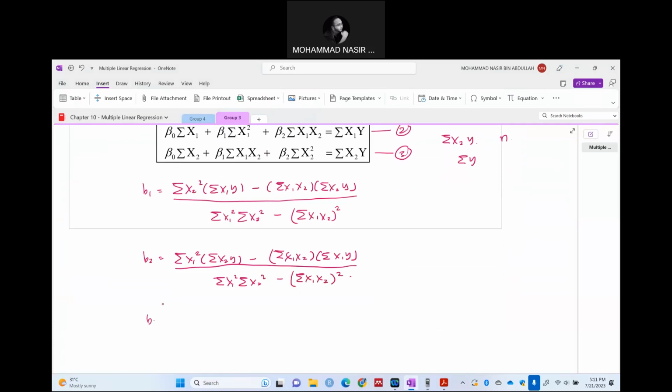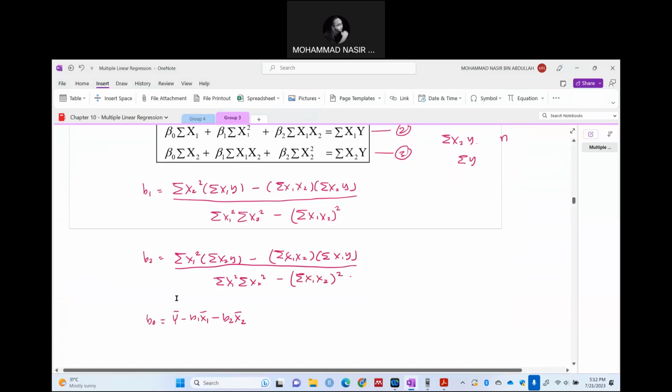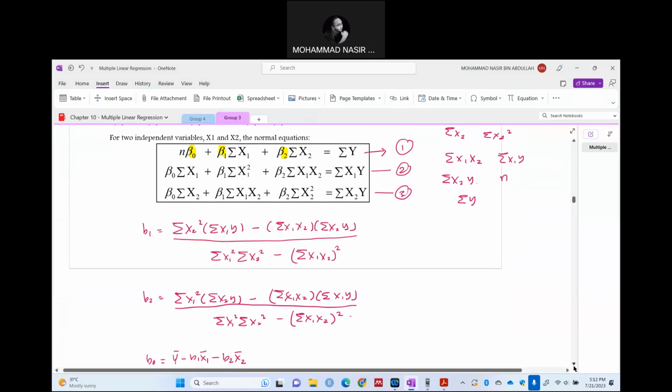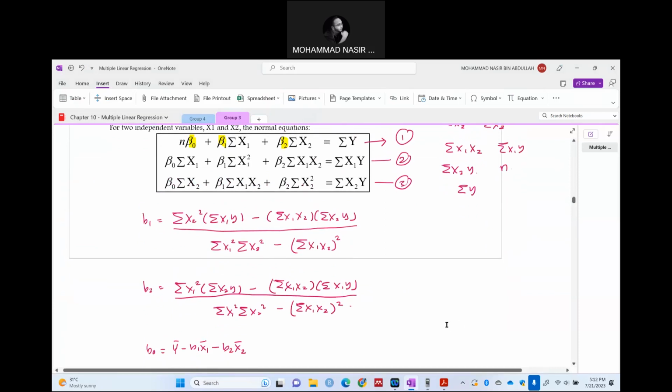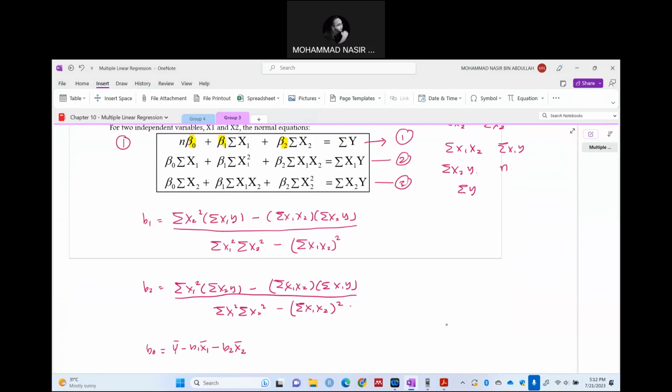So beta naught can be obtained from the concept of simple linear regression: y bar minus beta 1 x bar 1 minus beta 2 x bar 2. And this formula is not given. You need to practice to remember it. So you can choose either the first method or the second method.